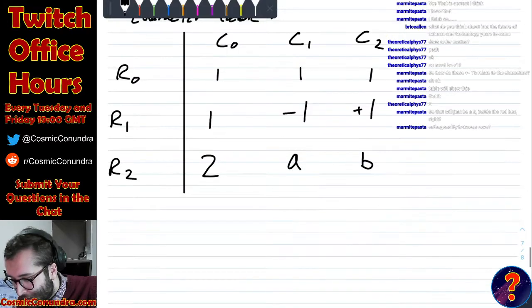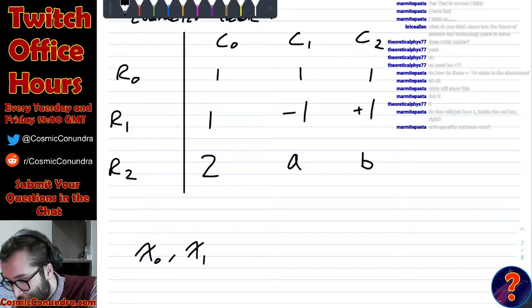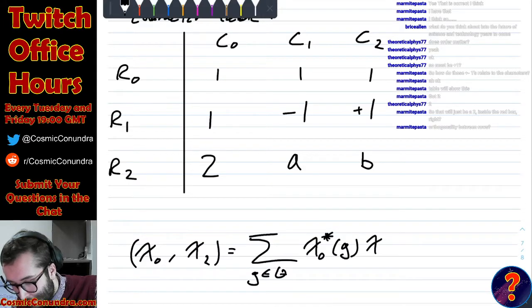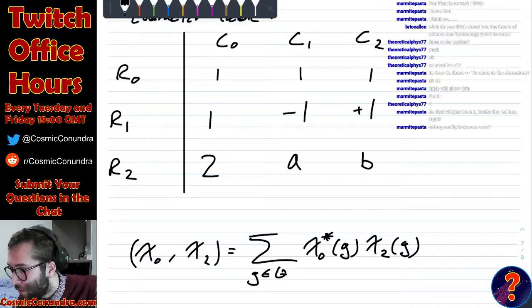So if we take this inner product between the character of the 0 representation and what I called the 2 representation here, the 2D representation, that is equal to the sum over all the group elements of, well, these are all real, so it doesn't matter, but it'll be the complex conjugate of this one here, and just this ordinary one here.